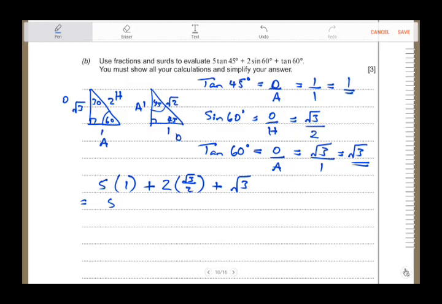Well, that gives me 5. 2 times root 3 over 2 is root 3. So that times it by 2 cancels out that half. Plus root 3. And then we can collect the two root 3's together like we do algebra. It's like x plus x is 2x. Root 3 plus root 3 is 2 root 3. So it's 5 plus 2 root 3. That is our final answer. So we have used fractions and surds to evaluate that expression using our special triangles. Thank you very much.